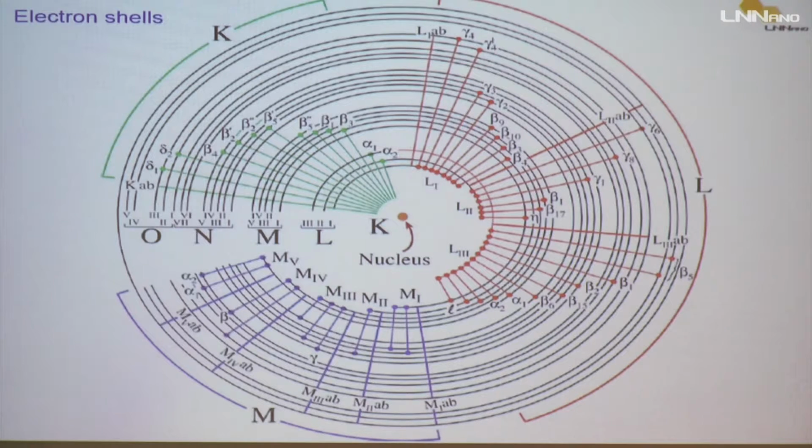Then it will be ionized, and there will be all these possibilities of the atom decaying to the ground state again. And then I may have a K alpha 1 amount of energy, a K alpha 2 amount of energy, a K beta 1 amount of energy, and so on. There are many possibilities of decaying.